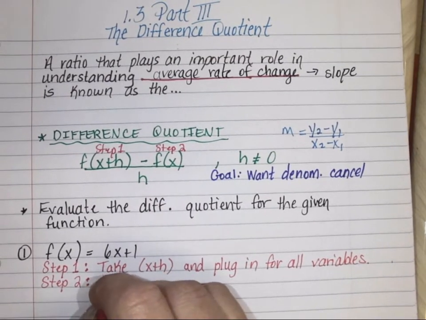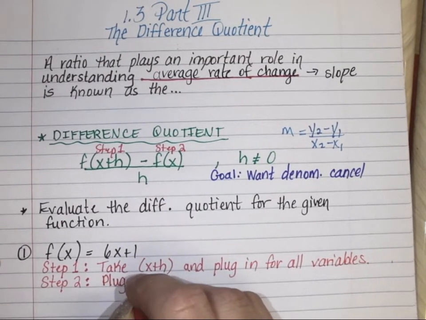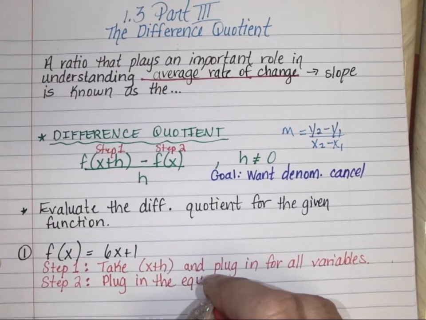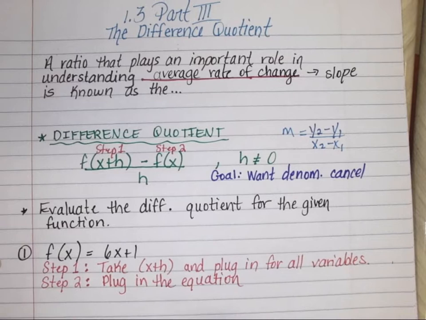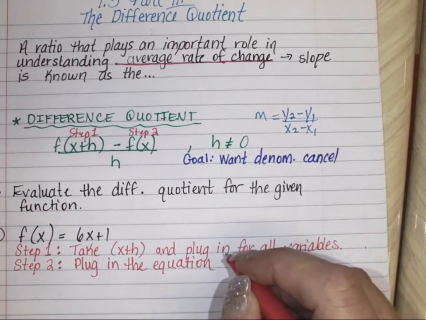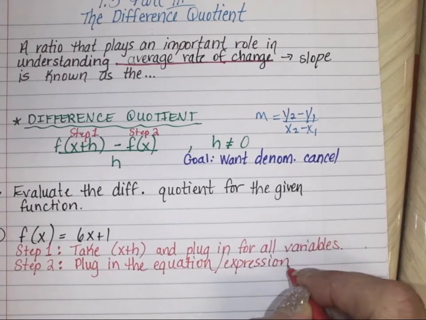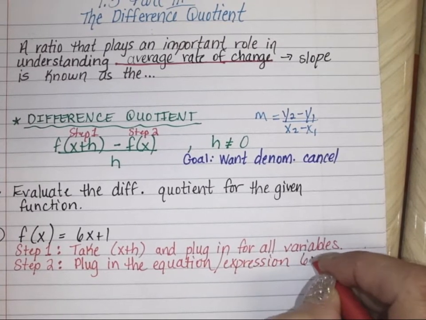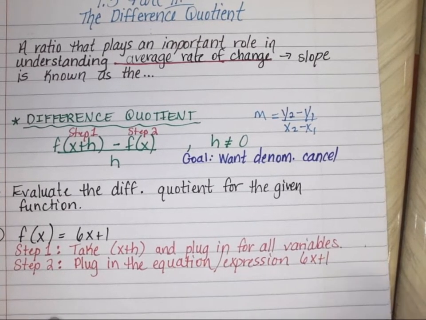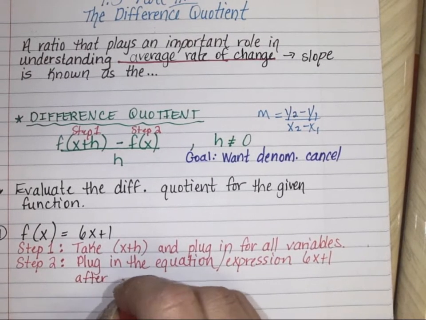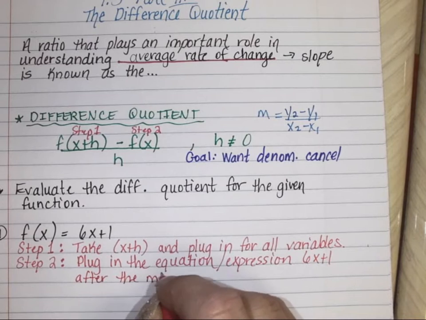So step 2, plug in the equation that you're given, or rather the expression, 6x plus 1, after the minus sign.